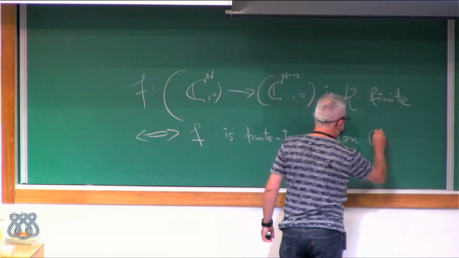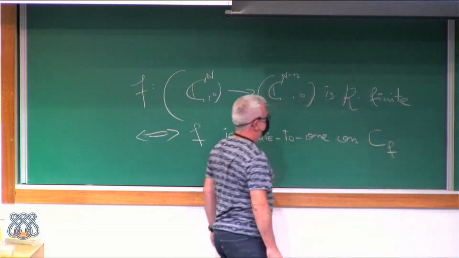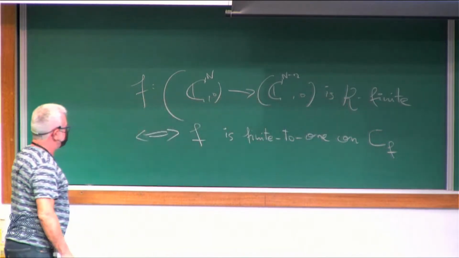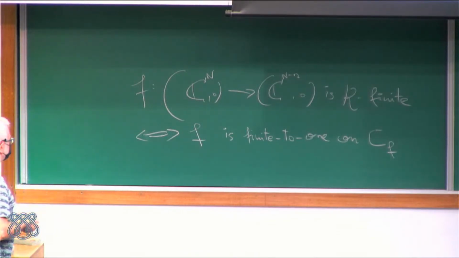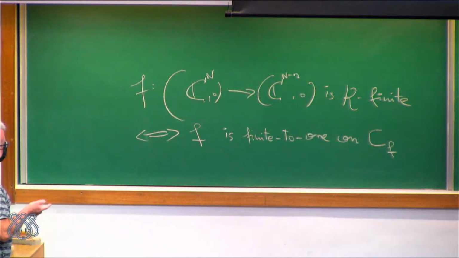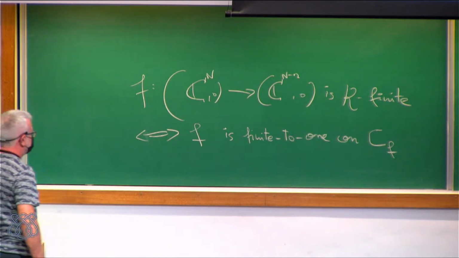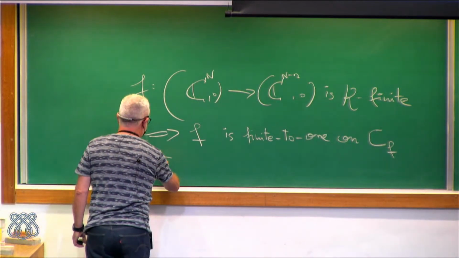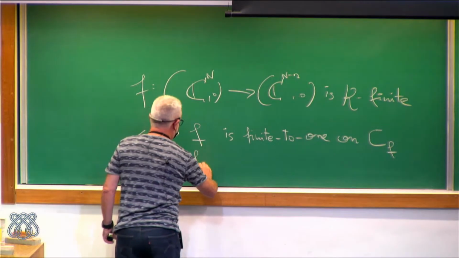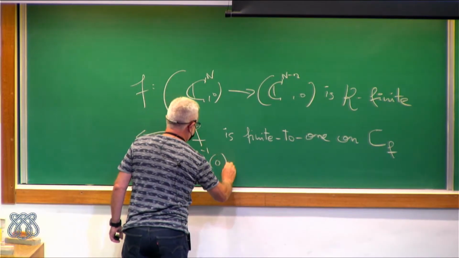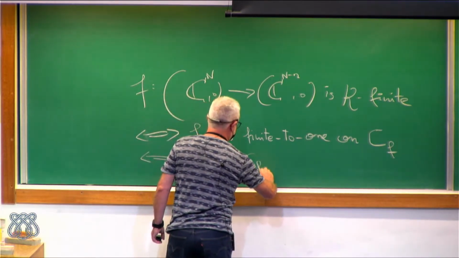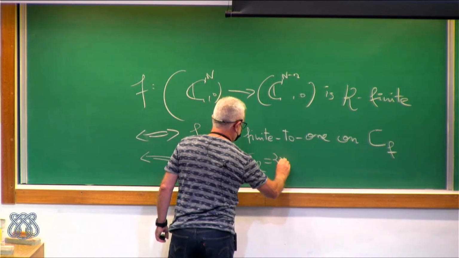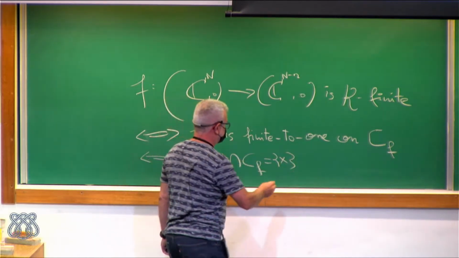The critical set, C_F, is the set of points where the differential of F is not surjective. But this is equivalent to F^(-1)(0) intersected with C_F being equal to X, as germs.